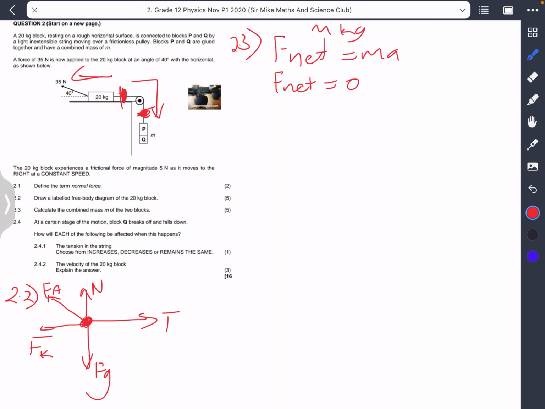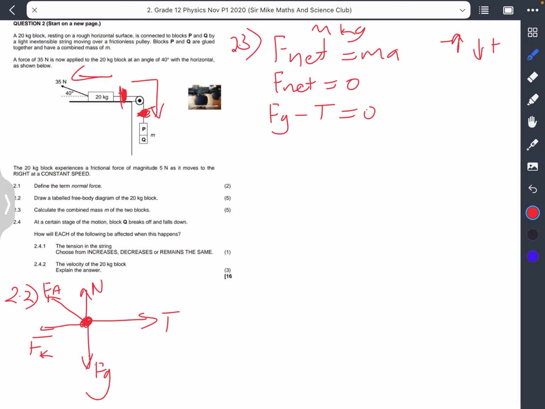Now I'm just going to choose downwards as positive, so that would mean upwards would be negative. So I'm going to say Fg, the force of gravity acting on that object, minus that tension there, so that would be equals to 0.